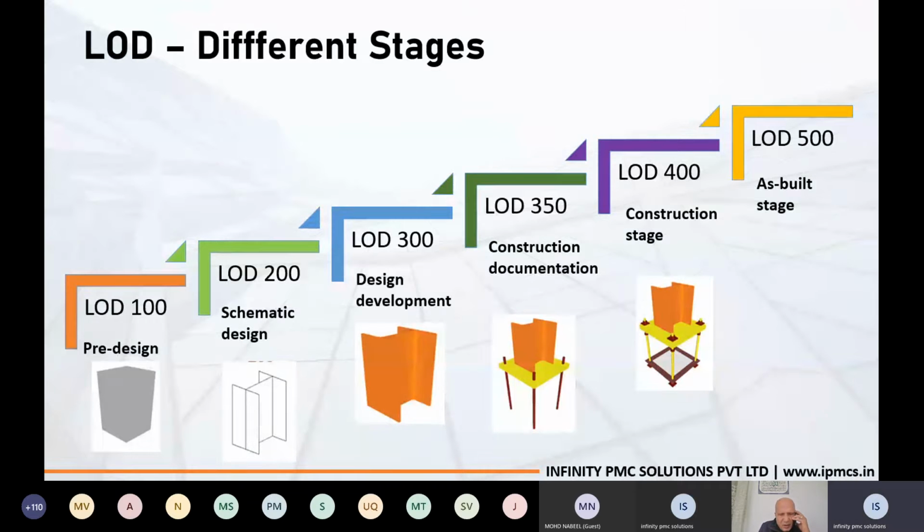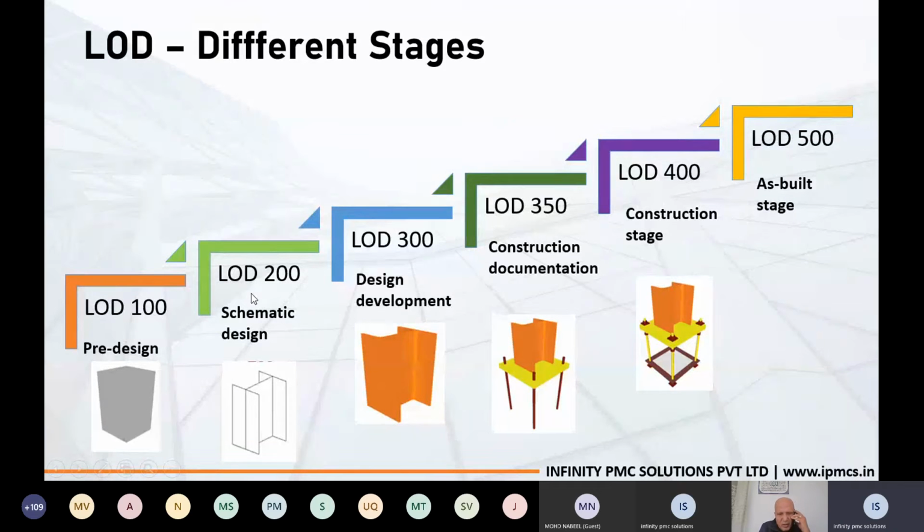When we use a BIM model, as we develop our estimate and our project, the BIM models also get developed according to each and every stage. So I have just explained the model development. First is LOD 100, which is just a spatial representation, called the pre-design stage.